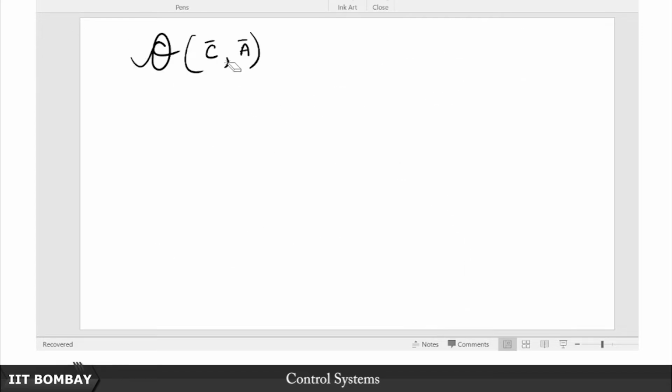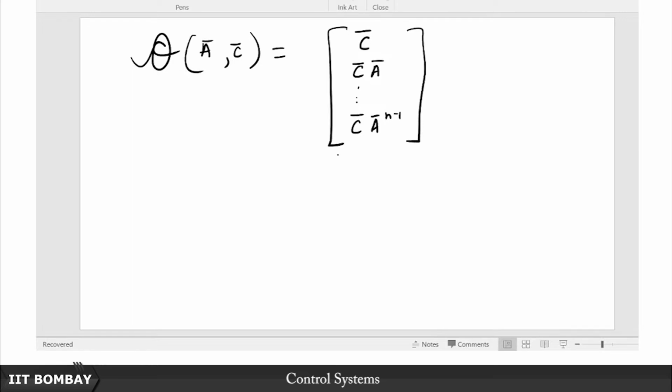Let us call it A bar, C bar, to be consistent. So now we have C bar, C bar A bar, likewise till C bar A bar to the power n minus 1. So we understand what this is.